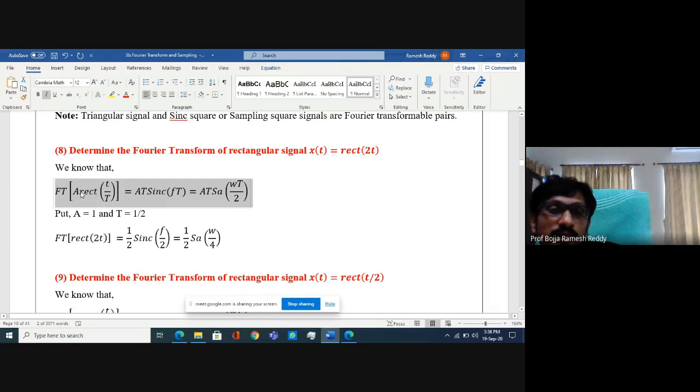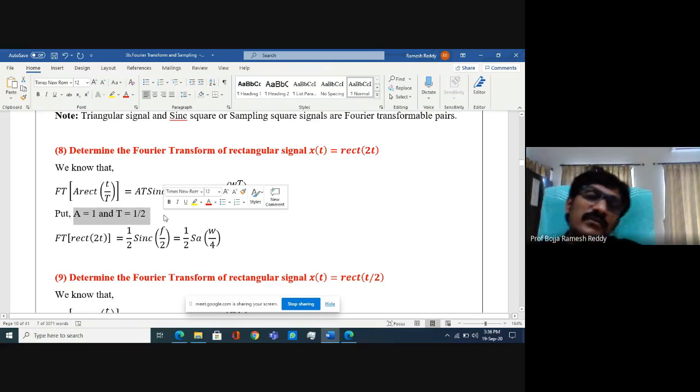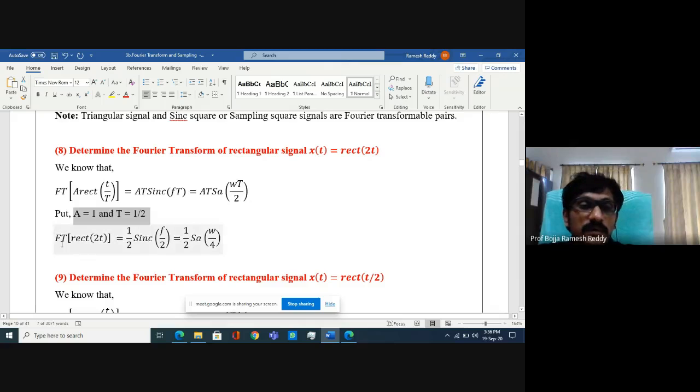For 2t, put A is equal to 1 and capital T is equal to half, the time period or duration. If the duration is 1 by 2, it automatically becomes rect(2t). Substitute A is equal to 1 and T is equal to half. What happens? Left side, the Fourier transform of rect(2t).